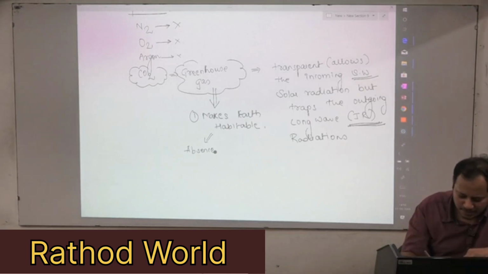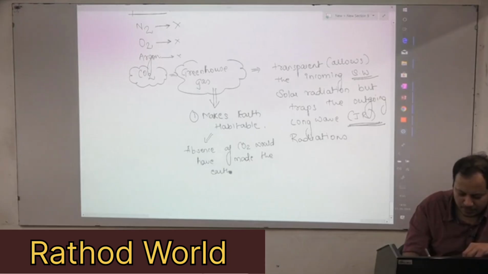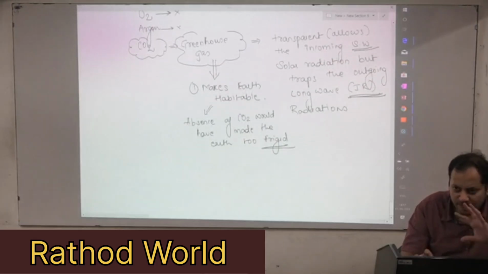So, absence of CO2 would have made the Earth too frigid, means too cold. Fine. Life would not have been possible on the Earth.